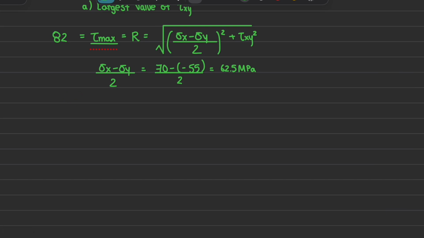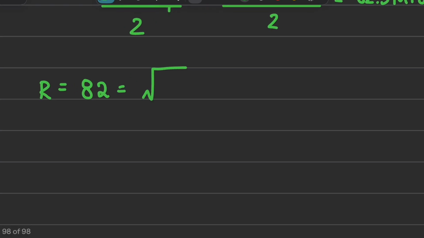So overall, what do we write? We write that our R, our radius, equals to square root of 62.5 squared plus our unknown, what we're trying to find.